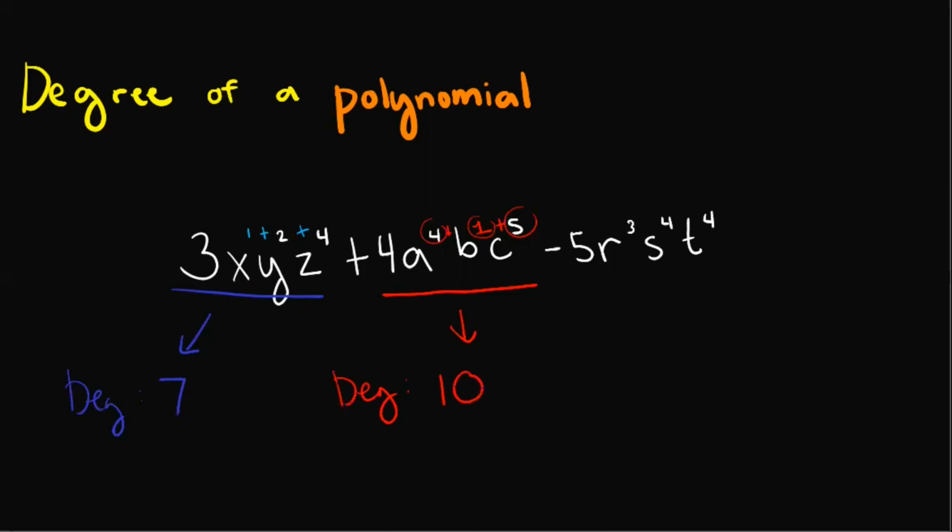And then for the last one, we add the exponents of the variables r, s, and t. So we have 3 plus 4 plus 4, which would give us 11. And so we know that the degree of this polynomial is actually 11, since that is the highest degree among its terms.